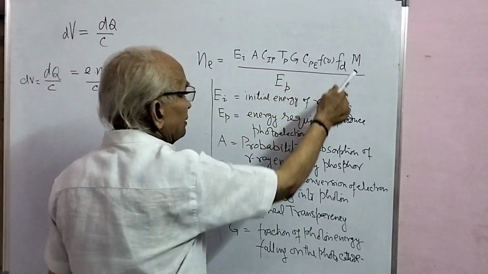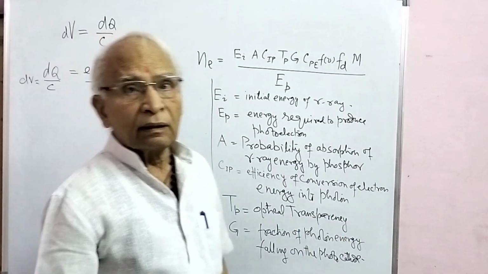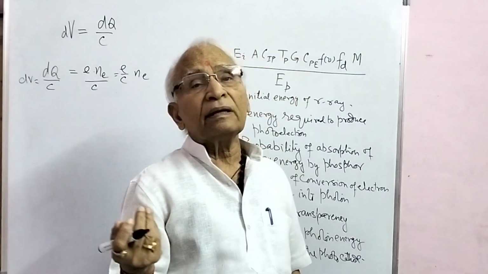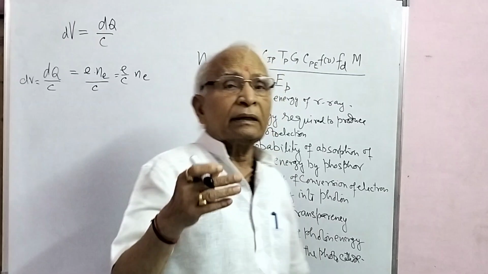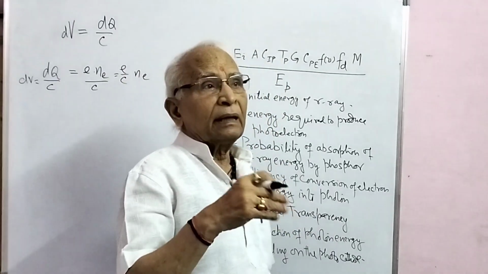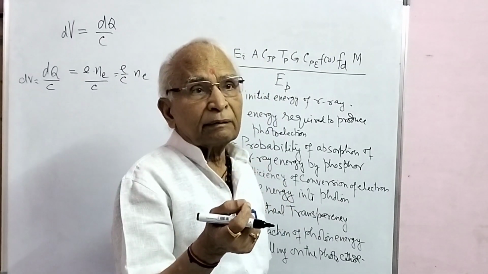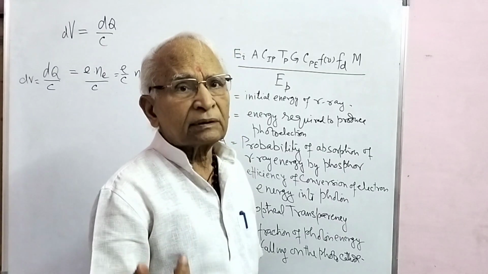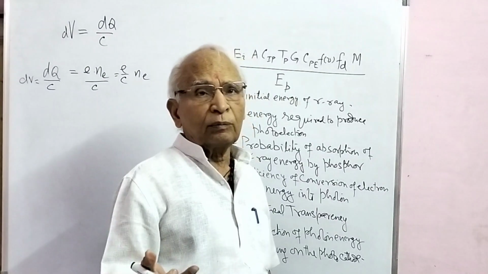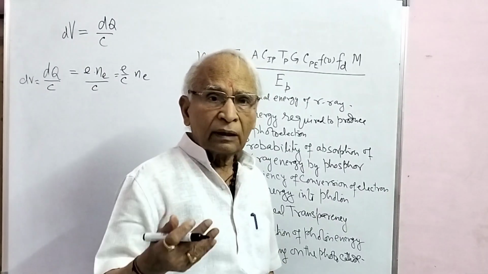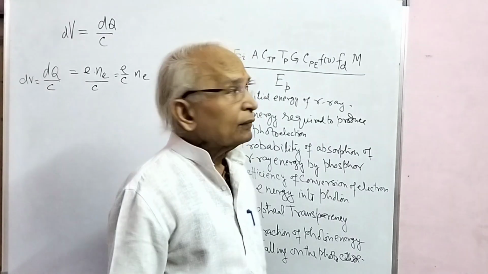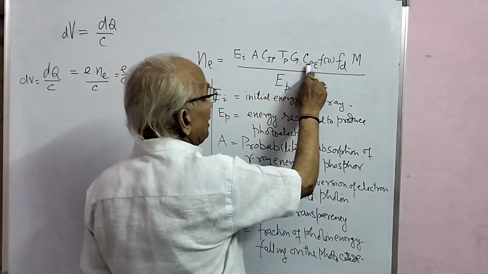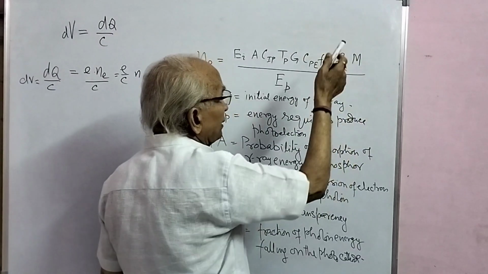Then all other factors are having variation. Natural statistical variation. Sometimes the optical coupling may be 80%, sometimes it may be 79% or 81%. Because every natural phenomenon has got statistical variation. So all these factors are having a variation.